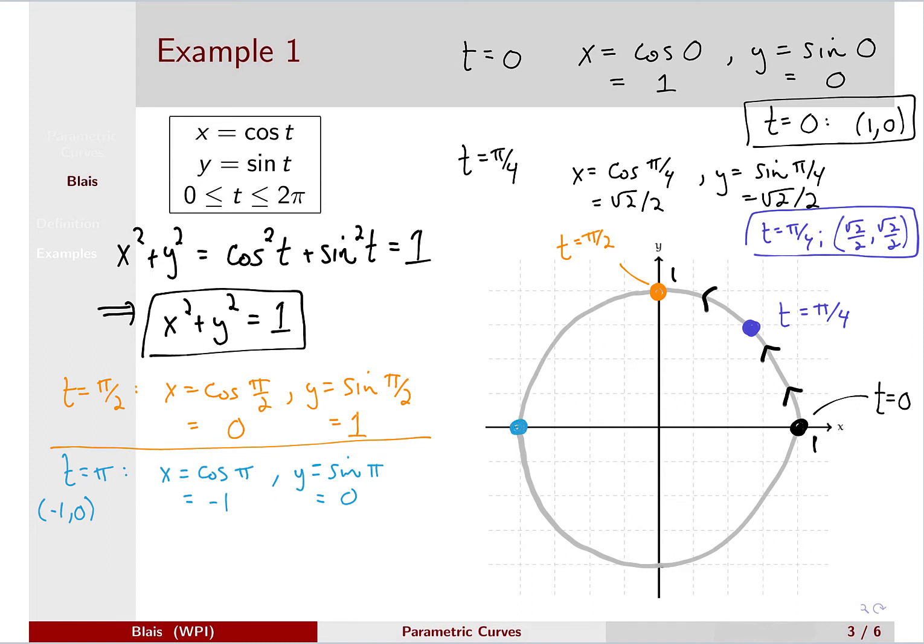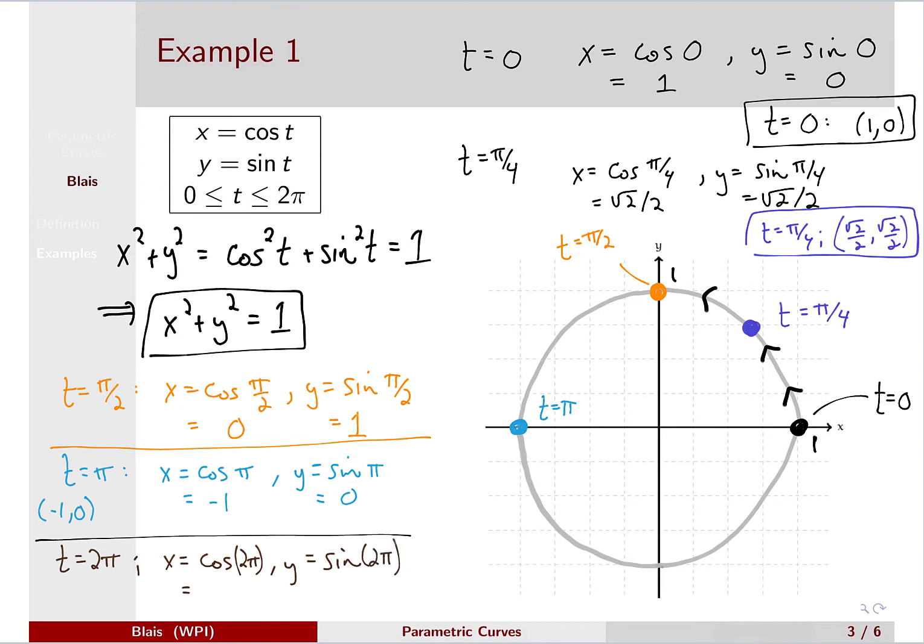At time pi. And we go all the way until the final time, which is 2 pi, and we see at time 2 pi, x is cosine of 2 pi and y is sine of 2 pi.